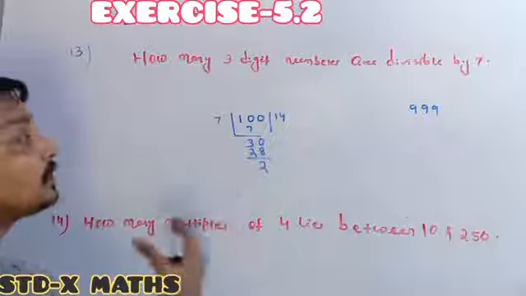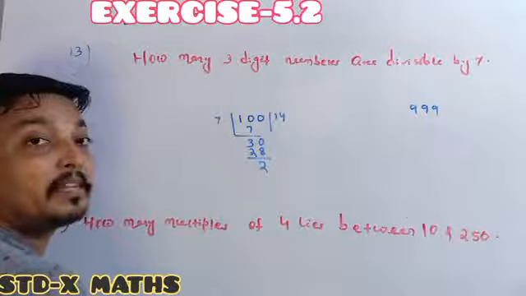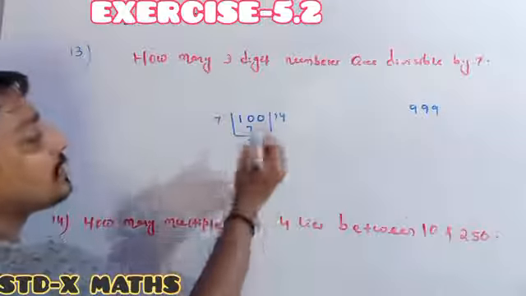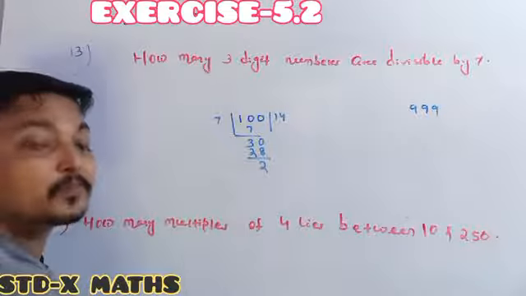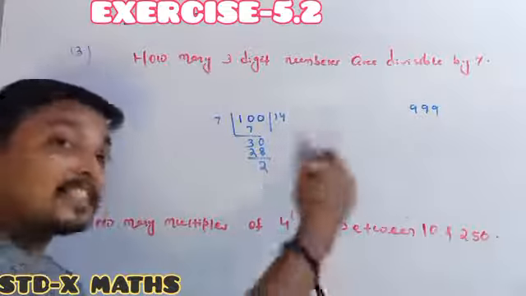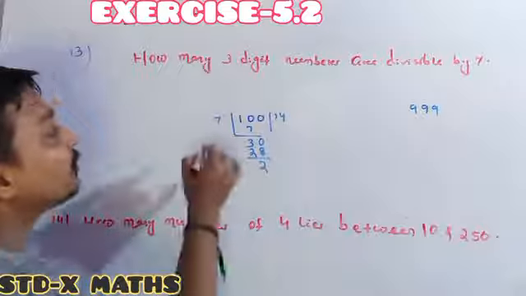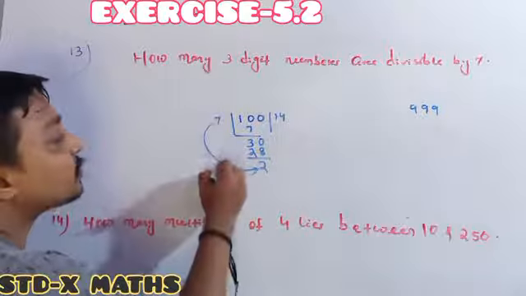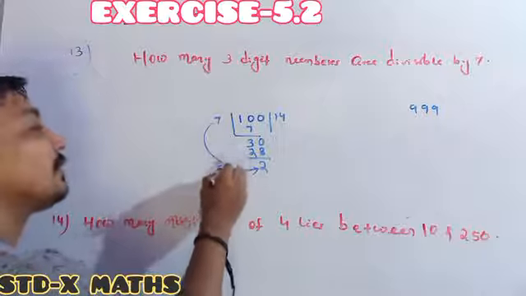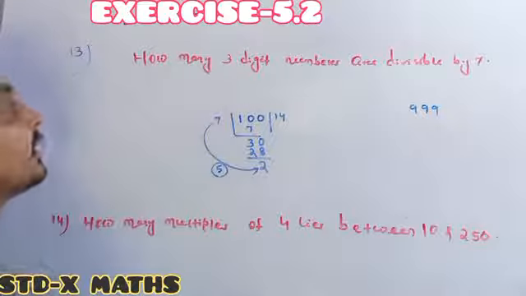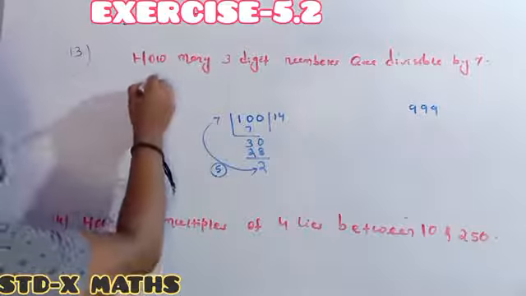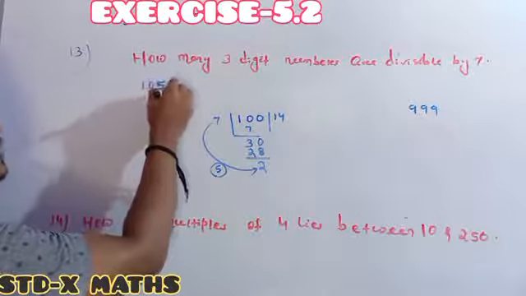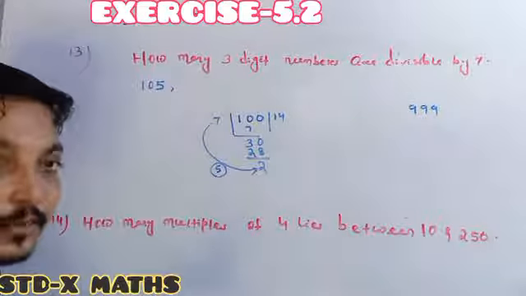Smallest means we always add; greatest means subtract. How much do we add? 7 minus 2, which is 5. That 5 is to be added to 100, so the smallest number becomes 105.